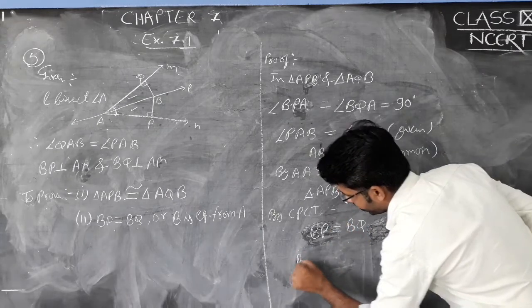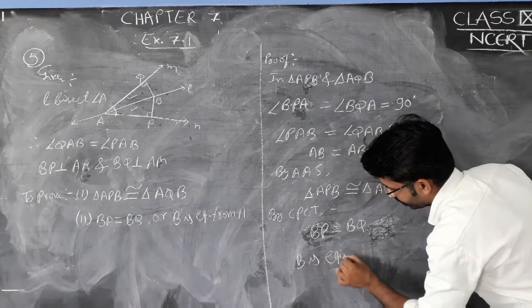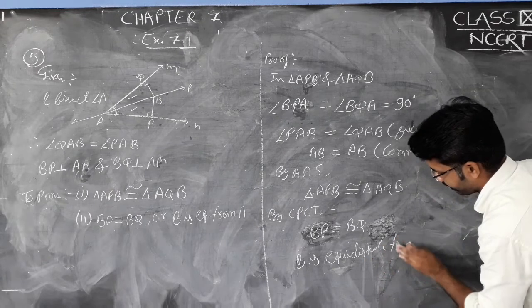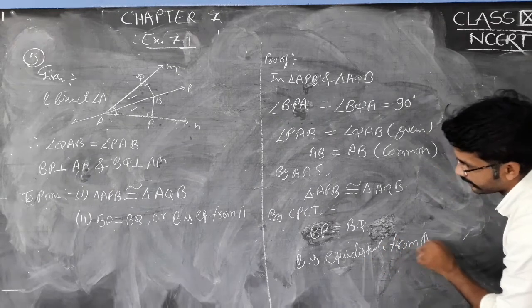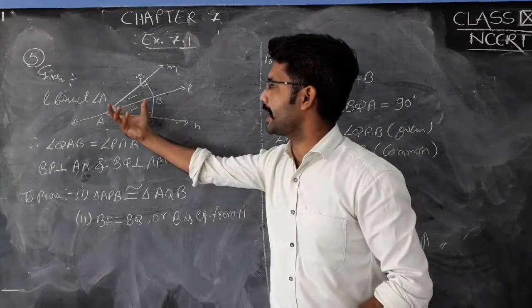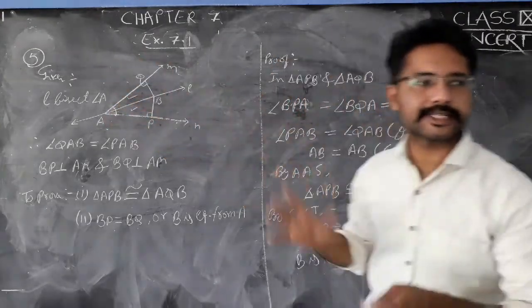Also we can write B is equidistant from the arms of angle A. So B will be equidistant: its distance from both arms will be equal.